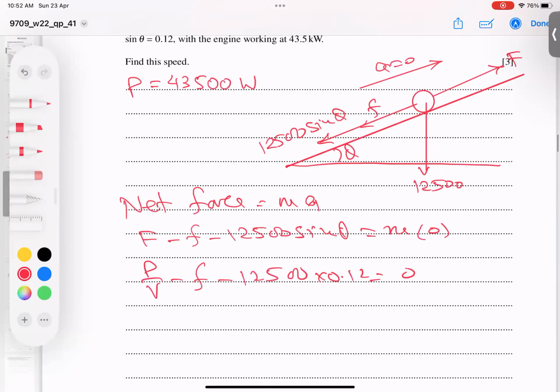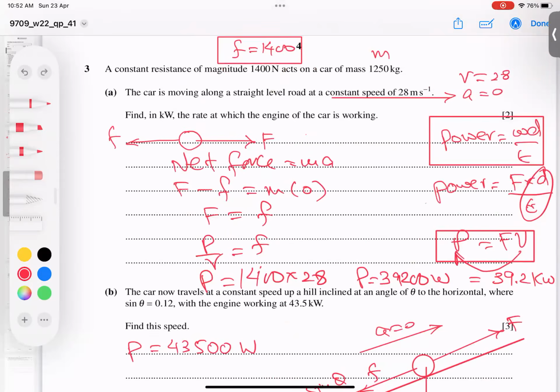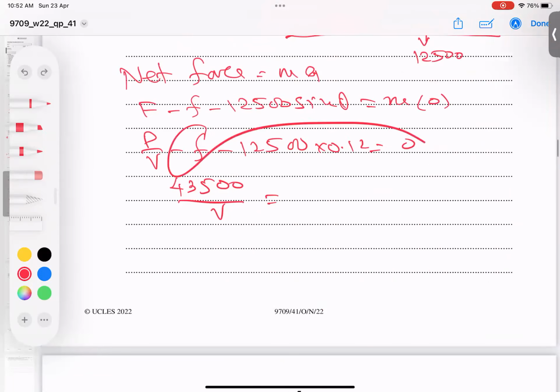Now I'm going to plug in power and all my values. So first of all, I'm leaving 43500 by V on the left hand side. These both values I'll bring on the right hand side. And the friction force we know already, this is given, 1400. So I bring this on the right hand side: 1400 plus 12500 into 0.12.